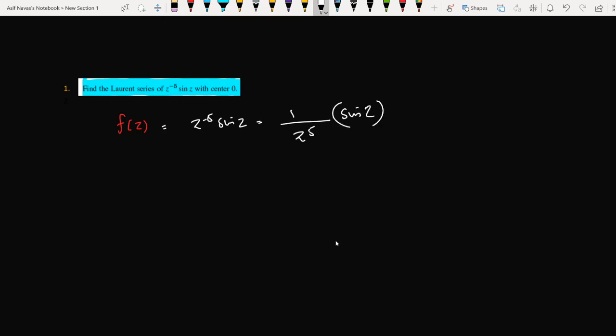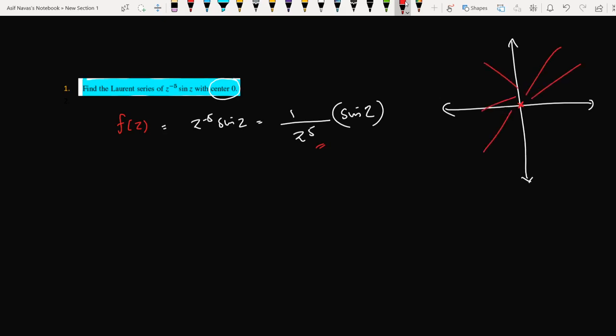Now we want the expansion about 0, that means powers of z minus 0. We know that this function is not analytic at z naught equal to 0, because if z equals 0 the denominator becomes 0. So at this point the function is not analytic, and at all other points the function is analytic.